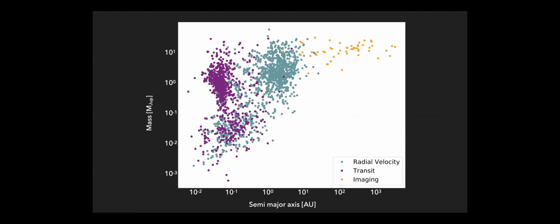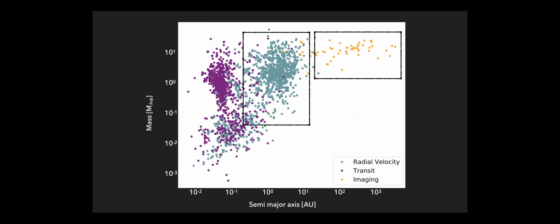And if we look at the mass separation space of such observations and highlight these two main population areas that I'm interested in from both the radial velocity and the imaging side, then what we're starting to do is really bridge the gap between these two different detection methods.